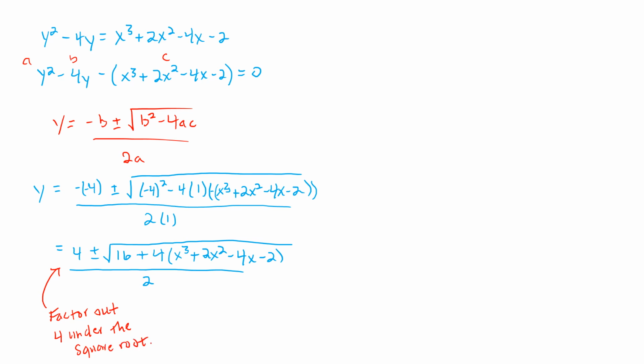So when we factor out a 4, we will be left with y equals 4 plus or minus 2 square root 4 plus the quantity x cubed plus 2x squared minus 4x minus 2.